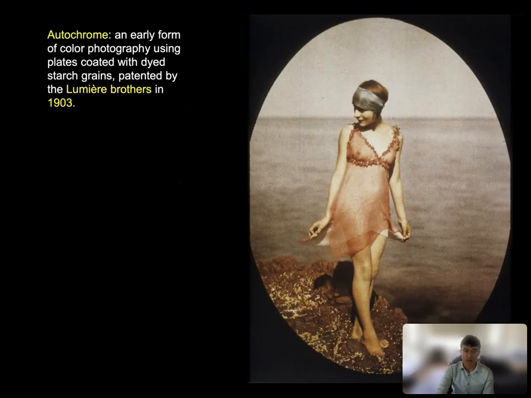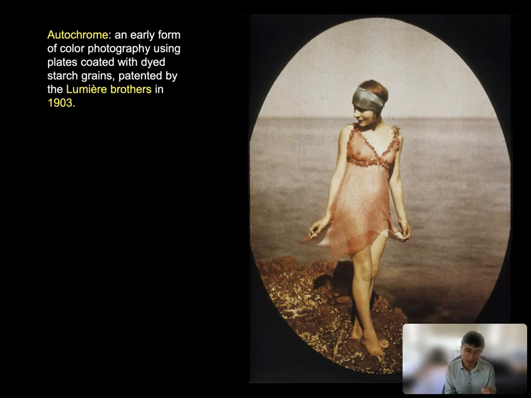So this is another example of the autochrome. For the first time people were able to see things in real color, because that's what the world really is. Before the Lumiere brothers invented autochrome, people sometimes could see color photographs, but they were painted on.